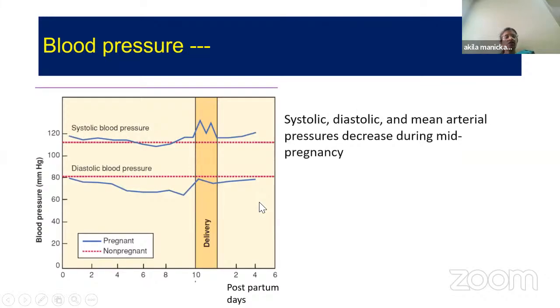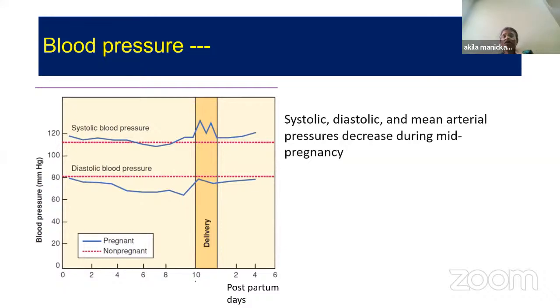Next, when you look at blood pressures, there is an overall decrease in your systolic blood pressure, diastolic blood pressure, and mean arterial blood pressure. But the decrease is maximum at about mid-gestation, around 12 to 18 weeks of pregnancy, where there is a maximum drop. Why is there a decrease in this blood pressure?